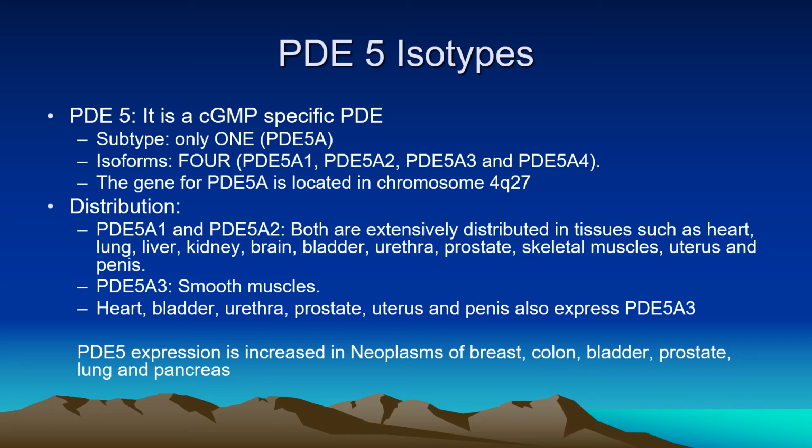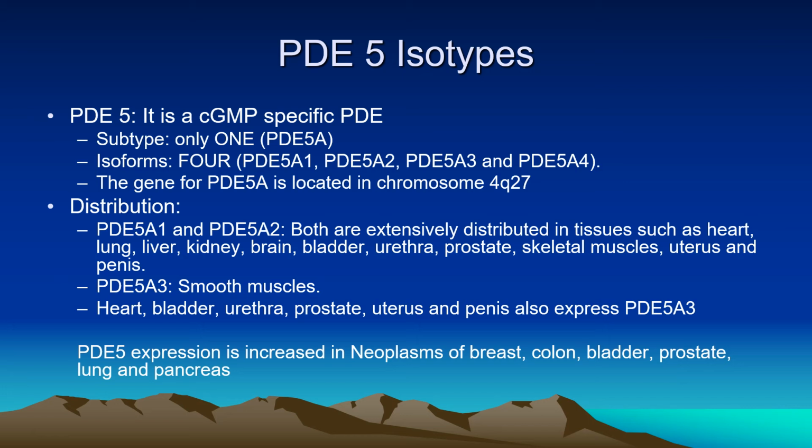Now PDE5 is a cyclic GMP specific PDE. It has only one subfamily or subtype with 4 isoforms, and the gene for phosphodiesterase 5A is located on chromosome 4q27. Now the distribution of the variants and subtypes is extensive in the body tissues, and it is located in heart, lung, liver, kidney, brain, urinary bladder, urethra, prostate, skeletal muscle, uterus, and penis, particularly corpora cavernosa of the penis.